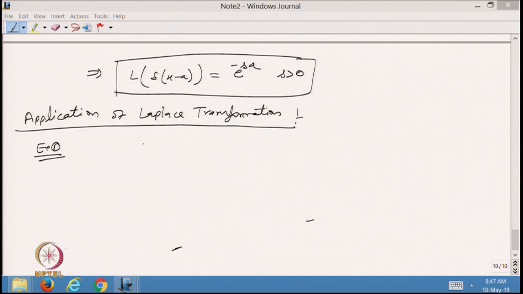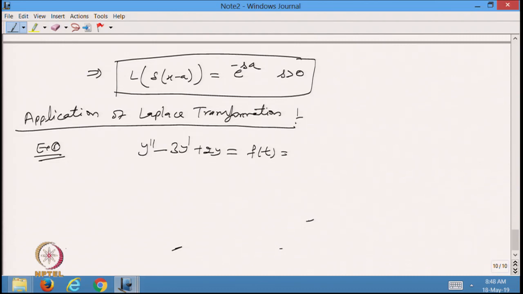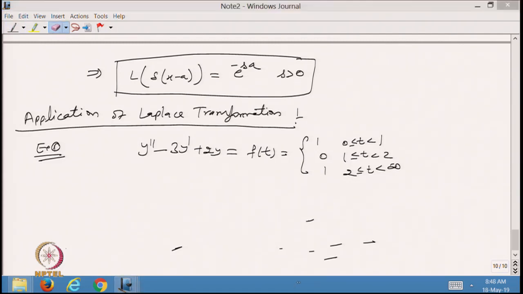I have a differential equation y double dash minus 3y dash plus 2y is equal to f t, and f t is given to me as a function whose value is 0 for one range of t and 1 for another. So, this function is given to me in this form.